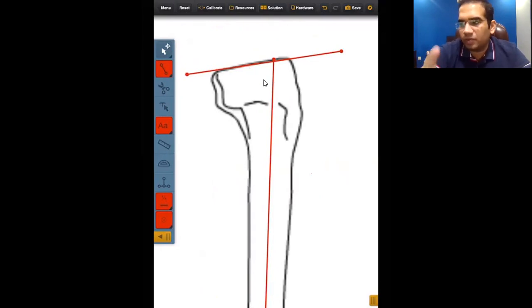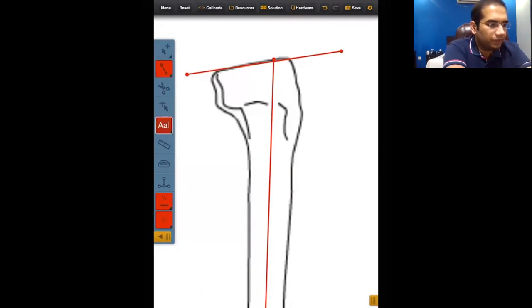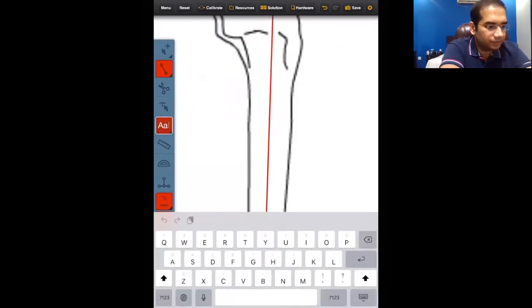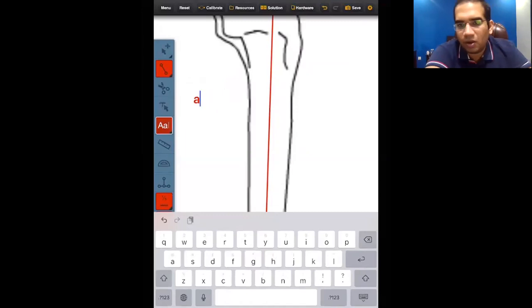Now referring back to my first lecture, the nomenclature part, we all know that the small letter is anatomical or mechanical axis. The second letter will tell you the location on the bone, whether it's medial, lateral, anterior or posterior.